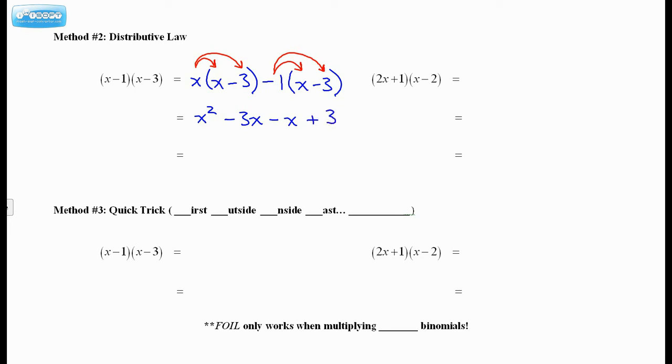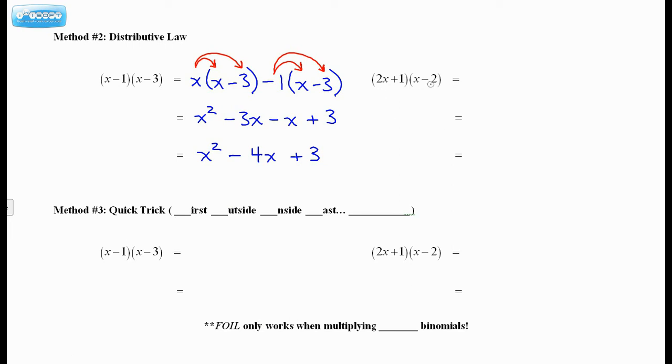Well, at least all the brackets are gone, and we're just going to collect any like terms. And we have two terms in the middle. So this gives me negative 4x plus 3. And there we are. Had we used algebra tiles and colored everything in and written out our answer, we would have gotten the exact same thing. Let's do another one.